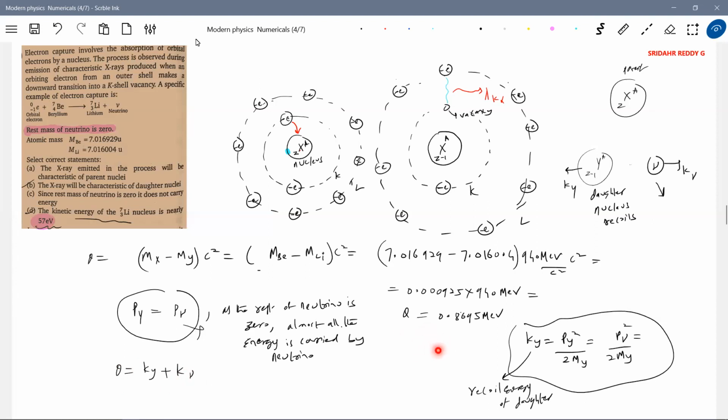I'll take this out. Let it be here. If we know how much energy is carried by K neutrino, then we know the energy left, then we can say something about this particular thing. For that, we should know the momentum of neutrino. If they give that information, yes, we can work it out. So it is some data problem.